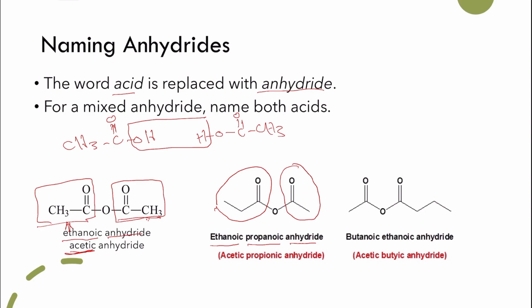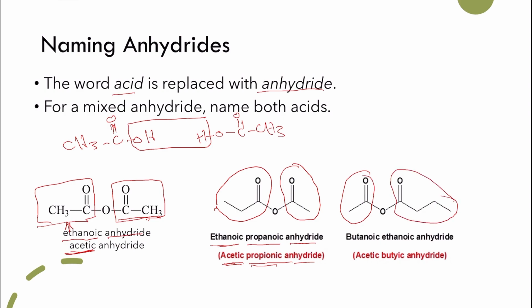We arrange them alphabetically again. So ethanoic propanoic anhydride, or we can say acetic propionic anhydride. This is the common name, from acetic acid and propionic acid. In this one we have two acids: ethanoic acid and butanoic acid.